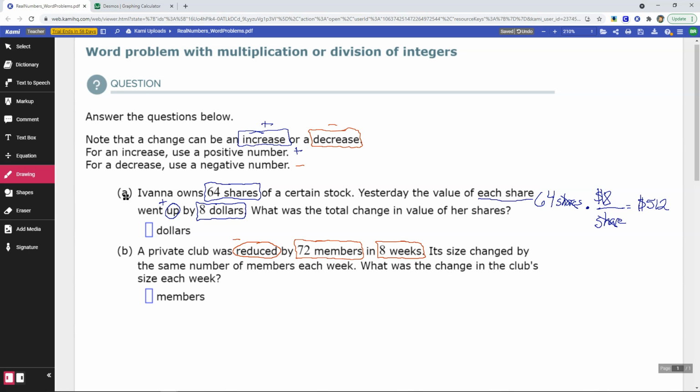Its size changed by the same number of members each week. What is the change in the club size each week?